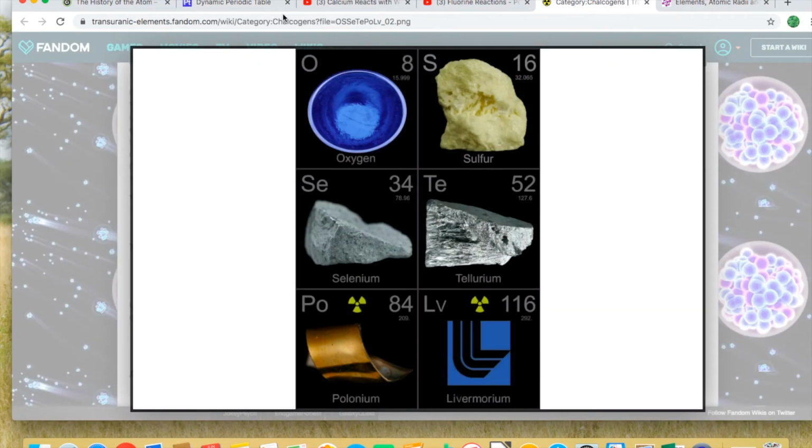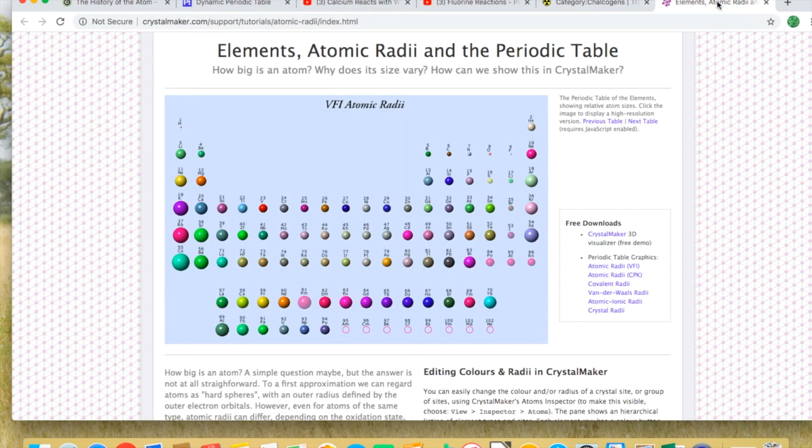The other thing I want to mention is patterns of atomic radii. It's a little bit counterintuitive, really. The atomic radius is just what it sounds like. It's the radius of the atom. In this case, we treat the atoms as balls.